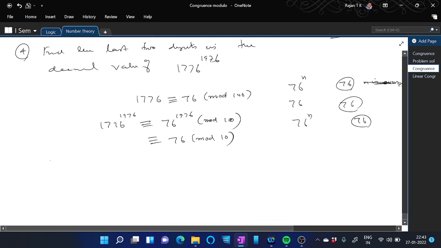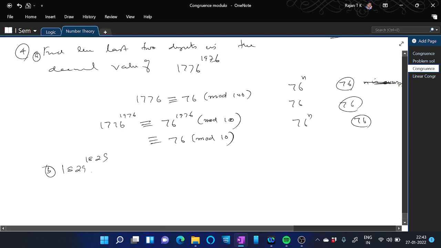Similarly, to find the last two digits in the decimal value of 1829 raised to 1829. So this is another problem.